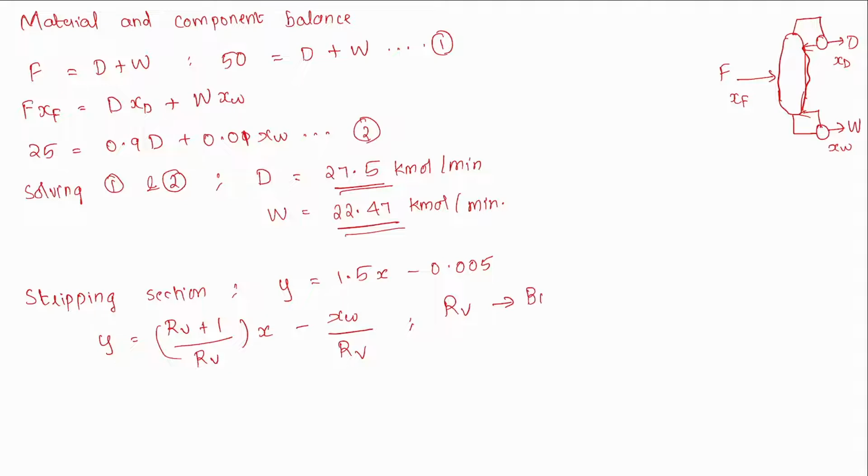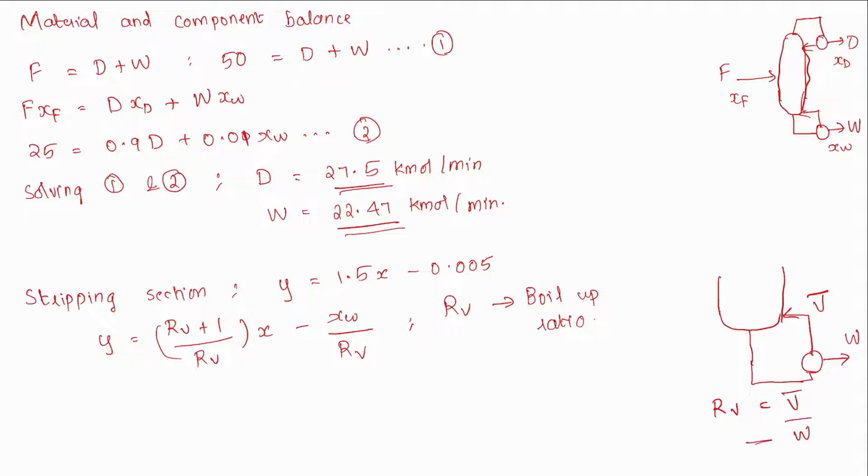Now Rv is the boil-up ratio. So we can see the reboiler part. We have the residue W, then we have V bar, which is the vapor being recycled into the distillation column.